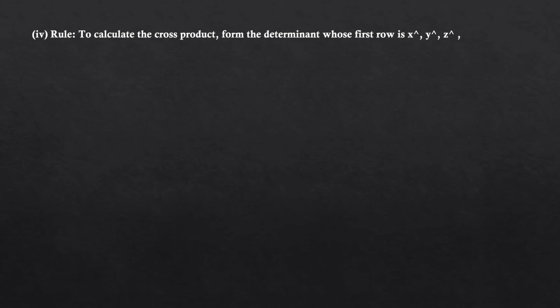The fourth one we have is to calculate the cross product. So we'll see what determinant form we are talking about. So we have A cross B. We can write it in the same form, ax x cap plus ay y cap plus az z cap, cross product with bx x cap plus by y cap plus bz z cap.